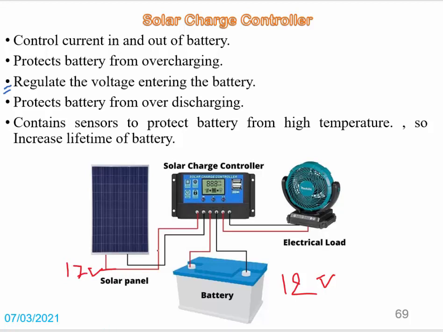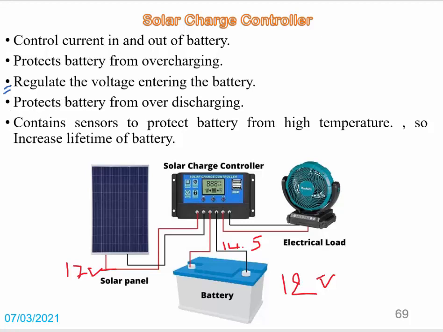The charger controller can regulate this voltage and select a good voltage to recharge the battery, for example 14.5, just as an example. So this is another advantage of the solar controller, to regulate the voltage entering the battery. I'm going to explain these points in more detail in the next slides.